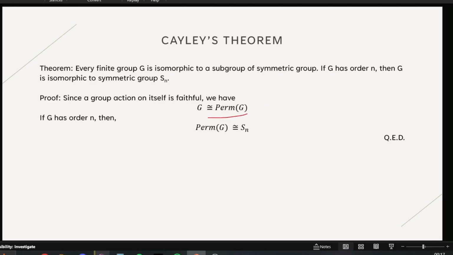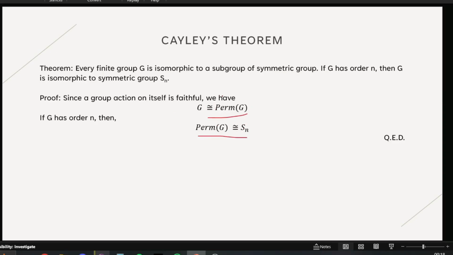We previously discussed that the permutation map, the homomorphism itself, may not be injective. But since now the action is faithful, we have that G is isomorphic to the permutation map. Now since G has order n, the permutation map will be isomorphic to a subgroup of Sn.